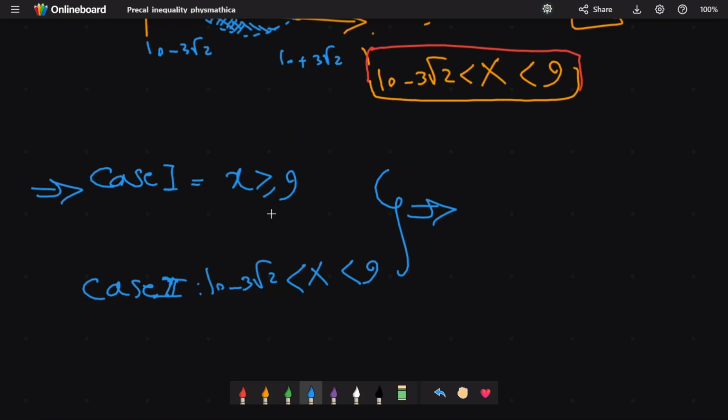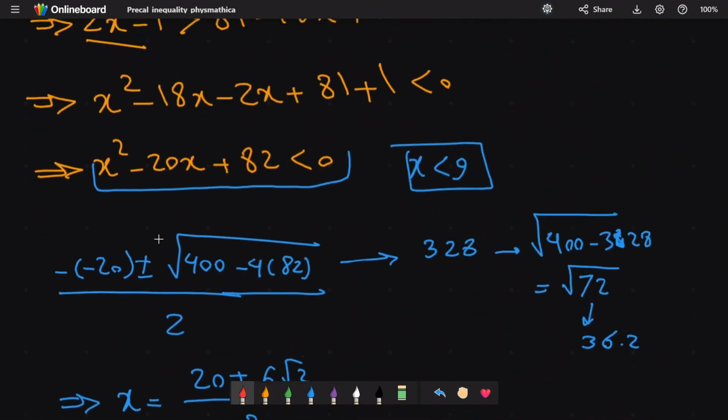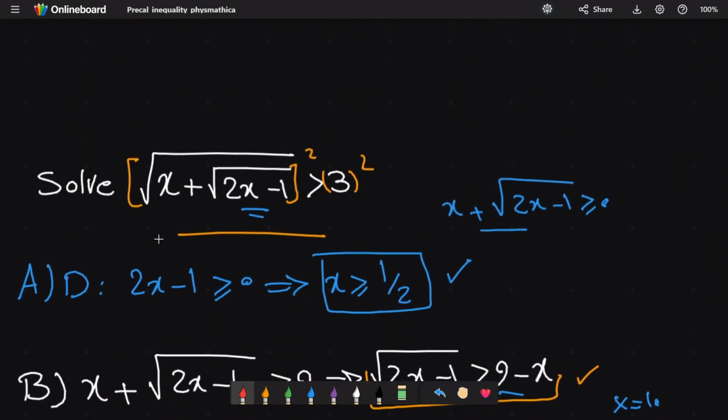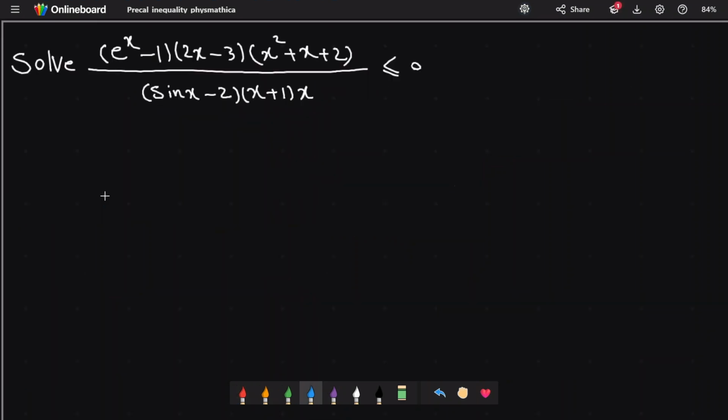If you take a look at this, in one way we're saying that x has to be bigger than or equal to 9, which is here as well, and also x has to be between 9 and 10 minus 3 square root of 2. So we can simply say that our solution is whatever number is bigger than 10 minus 3 square root of 2, and this is the solution for this problem. And to make sure, if you have a calculator, you can go ahead and add some numbers that are bigger than that into this part and see if it's valid and is actually going to work.